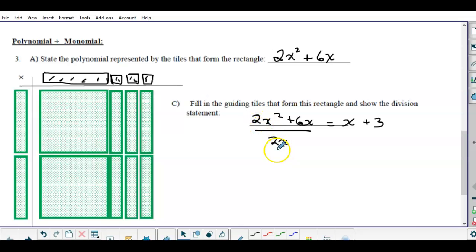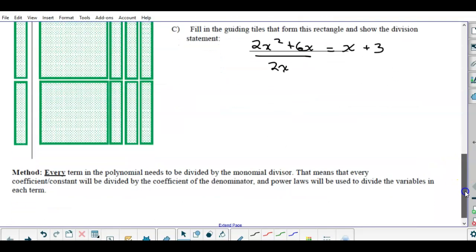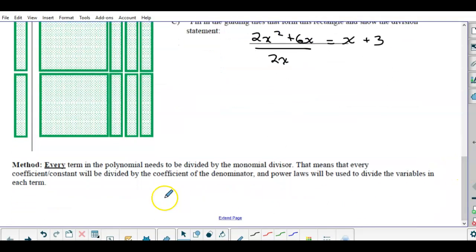So 2 divided by 2 is 1, x squared divided by x is x. Positive 6 divided by 2 is 3, x divided by x, they go away. So this is your quotient. Remember, dividing is the opposite of multiplying. So here's the method. Every term in the polynomial needs to be divided by the monomial divisor. That means every coefficient and constant will be divided by the coefficient of the denominator, and power laws will be used to divide the variables in each term.